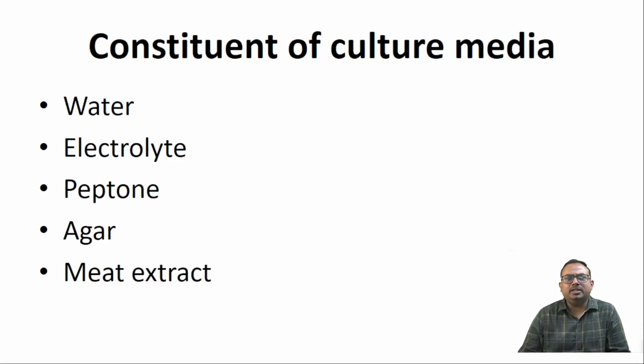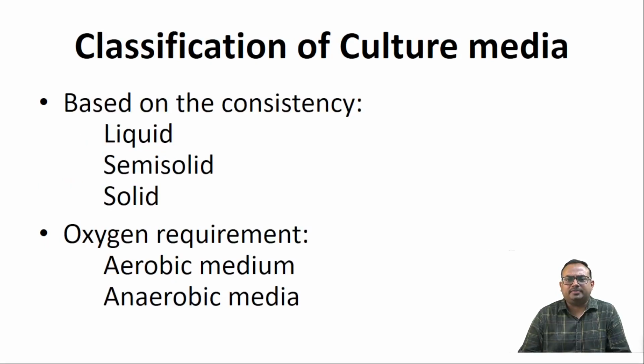Depending on the concentration of agar, the media can either be semi-solid or solid. For example, 0.5% agar may be used for a semi-solid consistency of culture media, whereas 1% agar is generally required for solid culture media. Then meat extract.